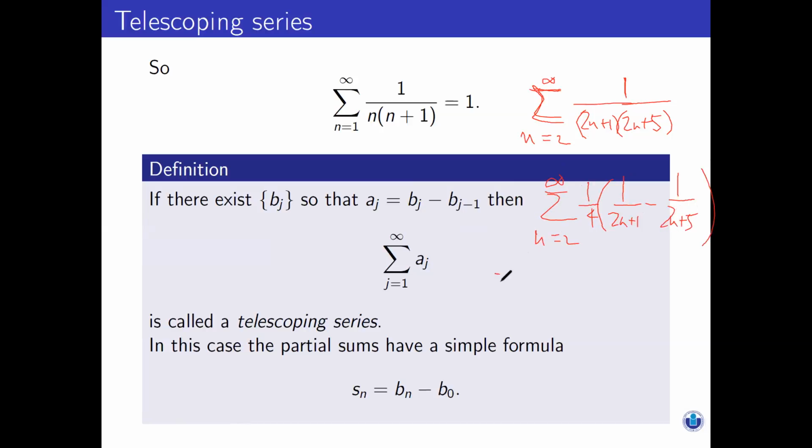And so this is 1/4 of, if you write down the series, you will see it starts with 1 over 5, and then minus 1 over 9, and then 1 over 7 minus 1 over 11, and so on, then 1 over 9 minus. So you see it is not strictly a series of this form.